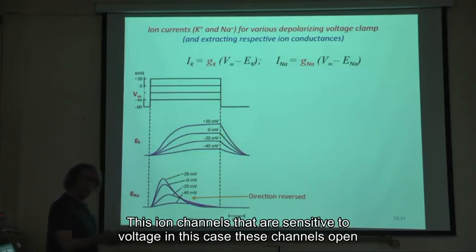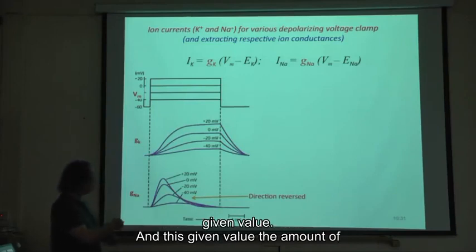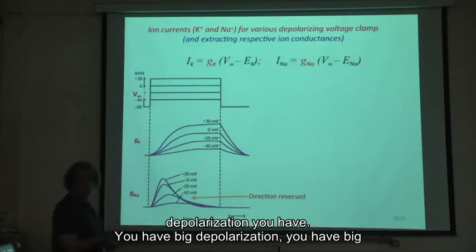So I can say again, this is a voltage-dependent conductance. These are ion channels that are sensitive to voltage. In this case, these channels open slowly. It takes them time to respond. When they respond, they open to a given value, and the degree of conductance change depends on how big the depolarization is.